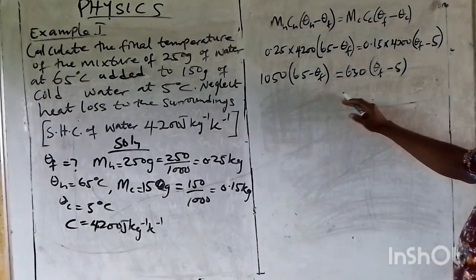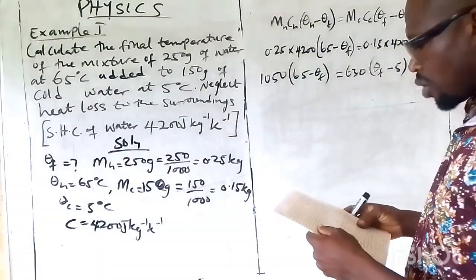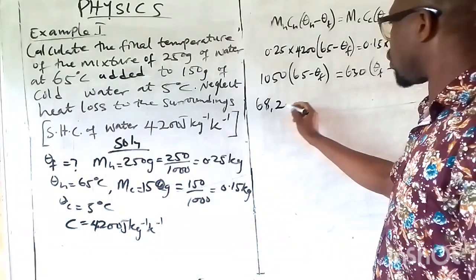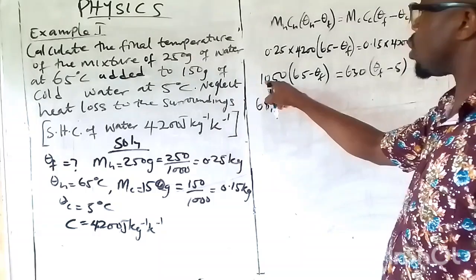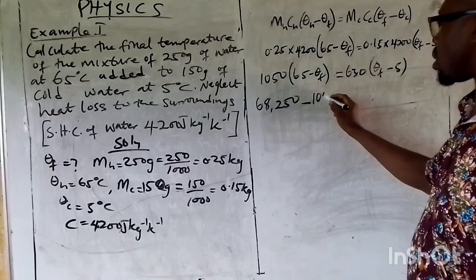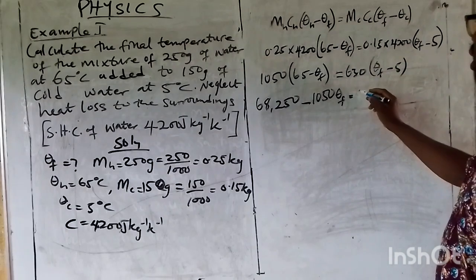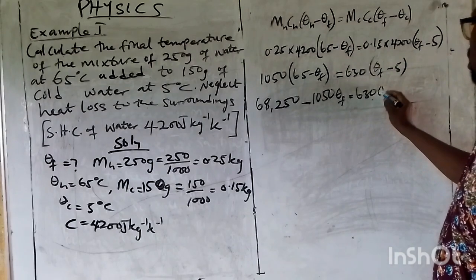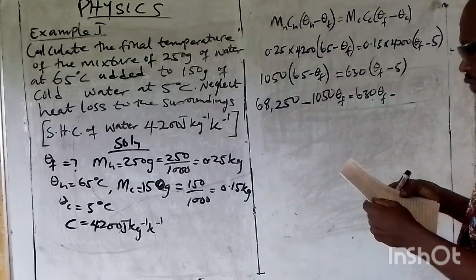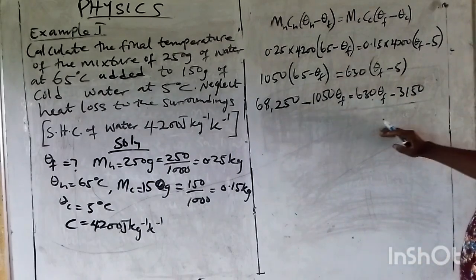At this point we can open the brackets. 1,050 times 65 gives 68,250, minus 1,050 theta F, equals 630 theta F minus 630 times 5, which gives 3,150. At this point we'll collect like terms.